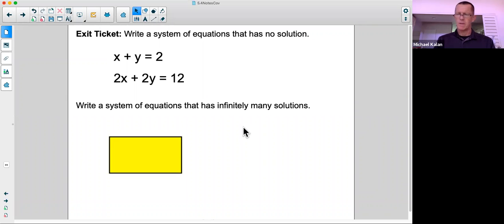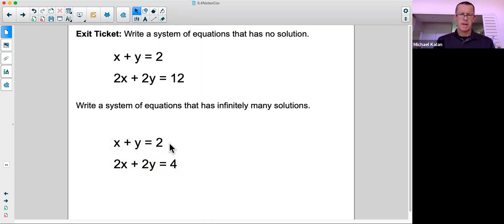Okay, for infinitely many solutions, I came up with x plus y equals 2 and 2x plus 2y equals 4. Notice if I multiply the top equation by 2, I get the same thing. So these two lines would have the same slope, right? Their slope would be -1 because I could subtract x, right?